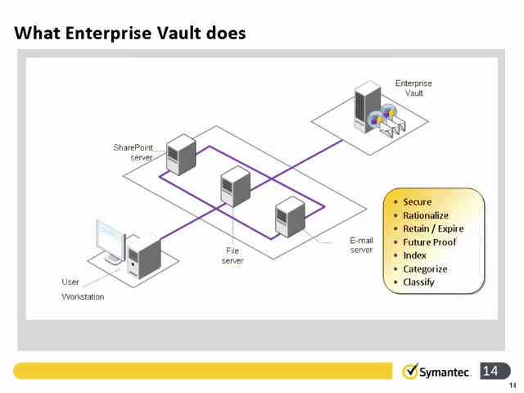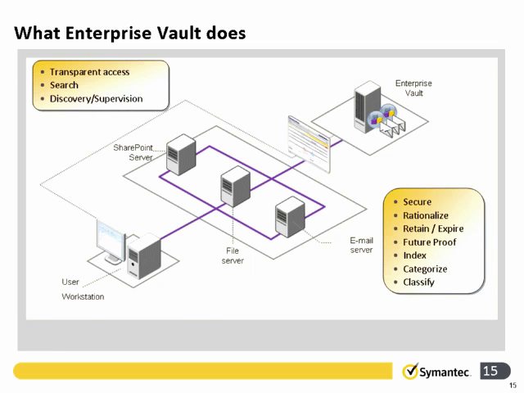But once you've got it on the server, it's not just about having it on the server and optimizing these frontline servers by taking that information off of them, but we also have got to give users access to that information. We've got to make it transparent, so as far as the end user is concerned, that file exists where it's always existed. They don't even know that it's been moved off to Enterprise Vault.